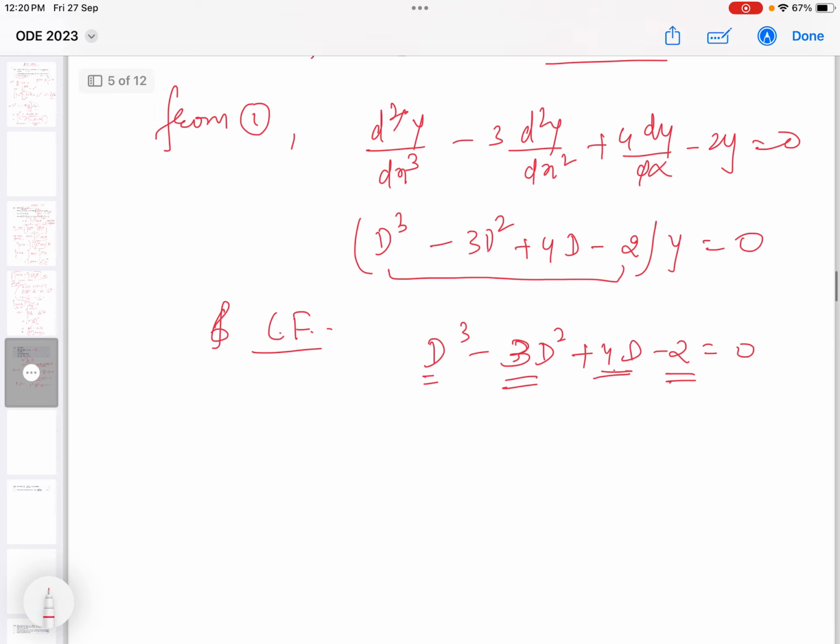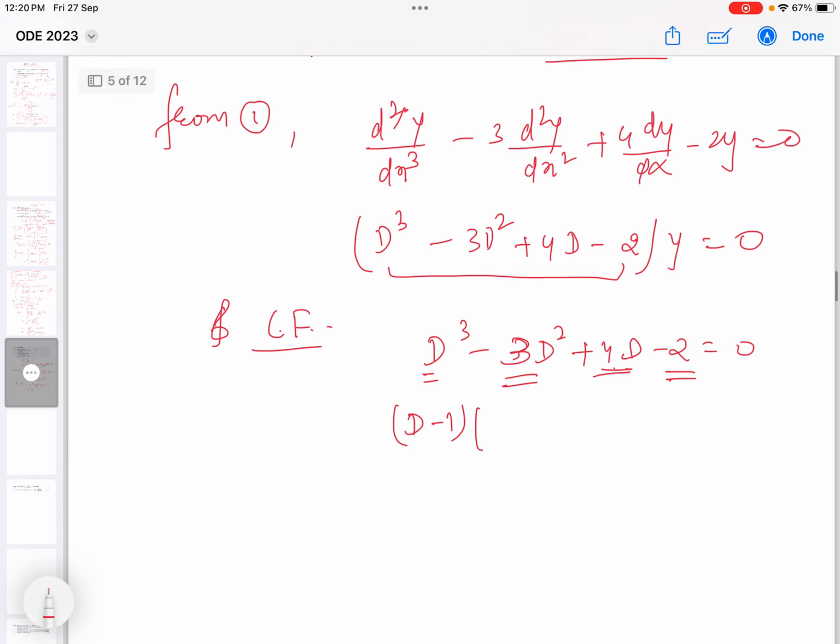So factorizing this, since 1 is a solution, we can write it as D minus 1, and put in the other factor such that the whole expression becomes the above equation.